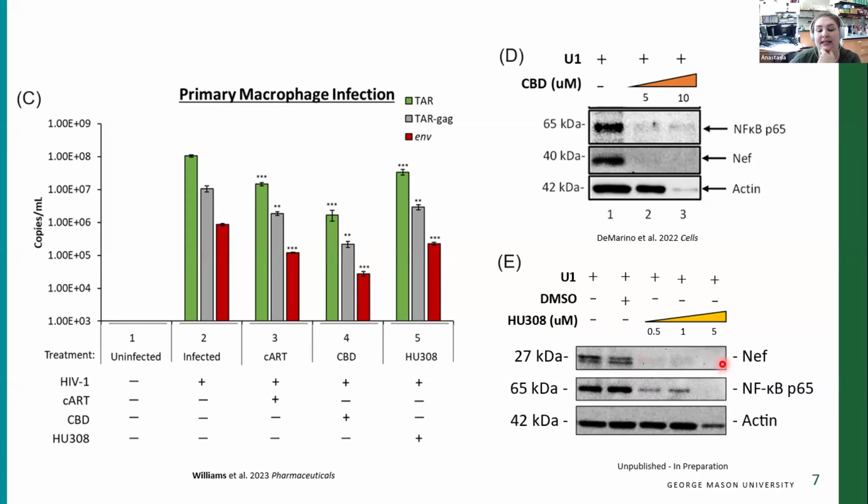In both instances, again, a decrease in NEF and then a decrease in NF-kappa B phosphorylation, which is associated with viral transcription. So overall, intracellularly, we are seeing that these cannabinoids, CBD and HU308, do decrease viral transcripts in both latent and activated monocytes, and that they also decrease viral proteins such as NEF within those infected cells.